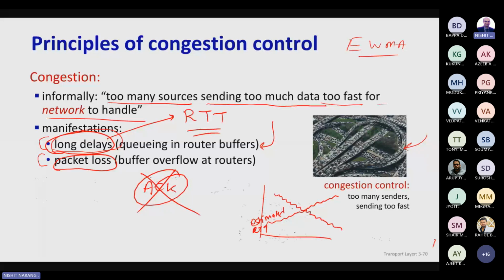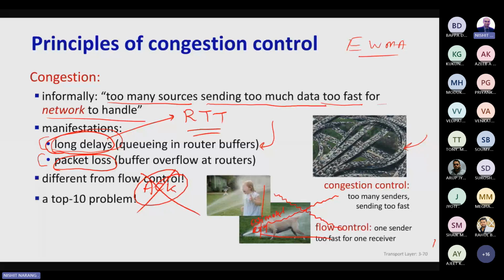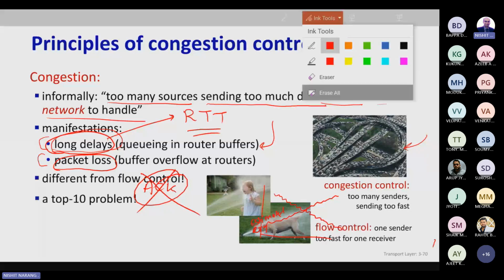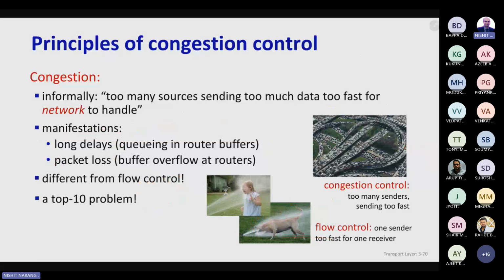The answer is yes. So essentially, this is a problem different from flow control, which is the important thing I wanted to highlight on this slide. Congestion control and flow control are two different problems. And even congestion control is one of the top 10 networking problems, just like routing was.